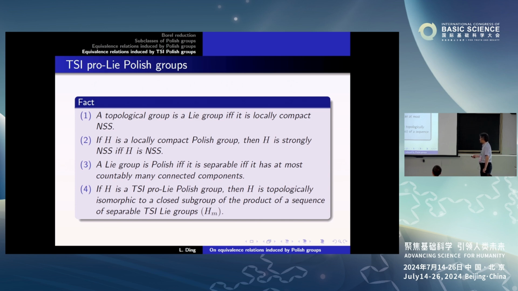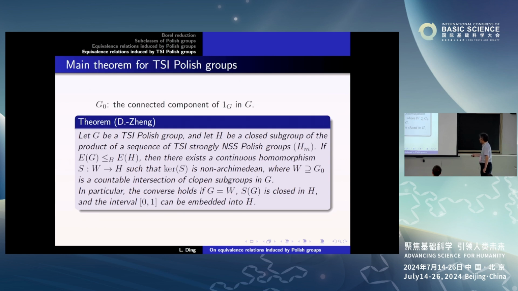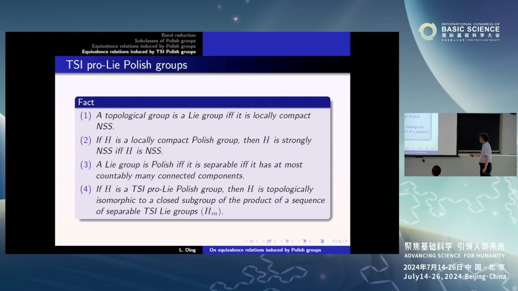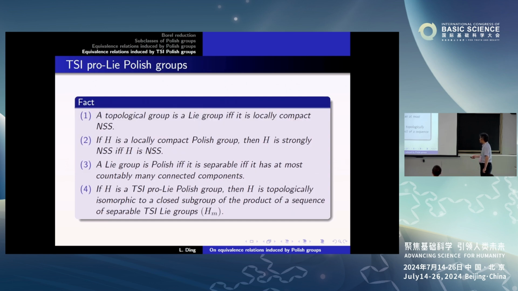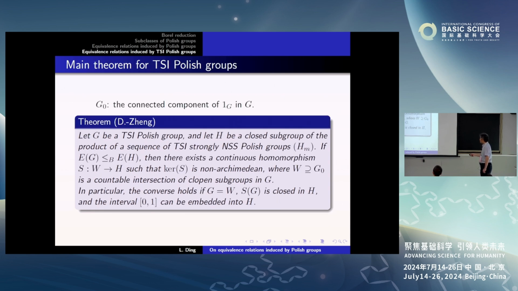Now, we will use these conditions on H. So H is TSI pluriality, which means that H is topologically isomorphic to a closed subgroup of the product of a sequence of separable TSI Lie groups H_m. So using this condition, we can see that this kind of H satisfies the requirement.